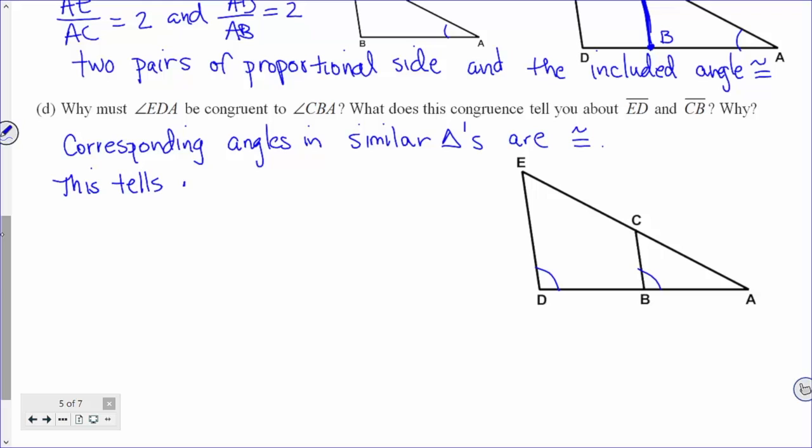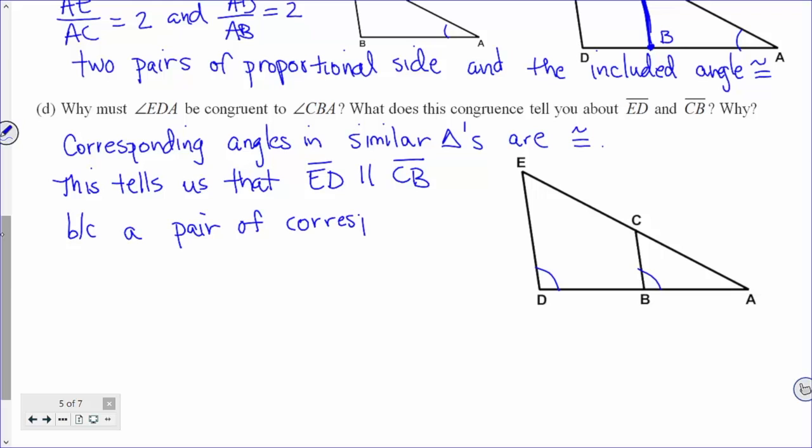This tells us that ED is parallel to CB because a pair of corresponding angles are congruent.